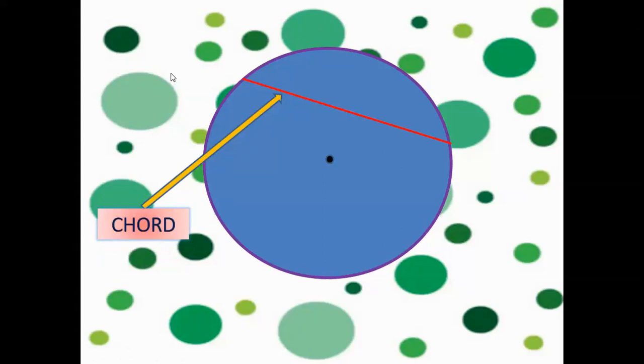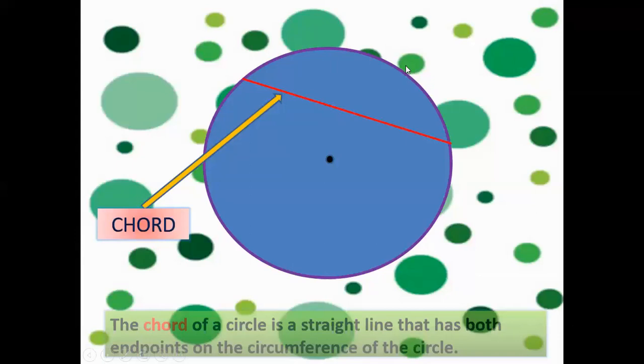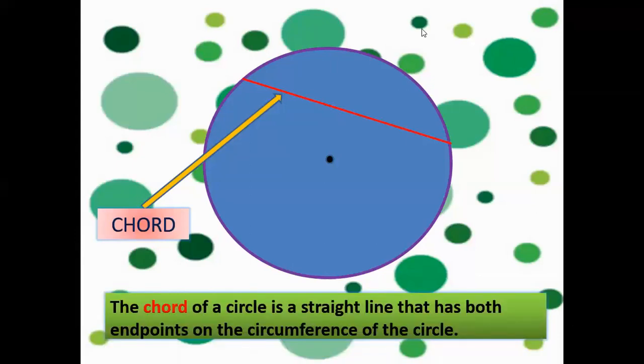Now, what is the definition of a chord? Okay, the definition of a chord. The chord of a circle is a straight line that has both endpoints on the circumference of the circle. Good job to those who said this definition here.